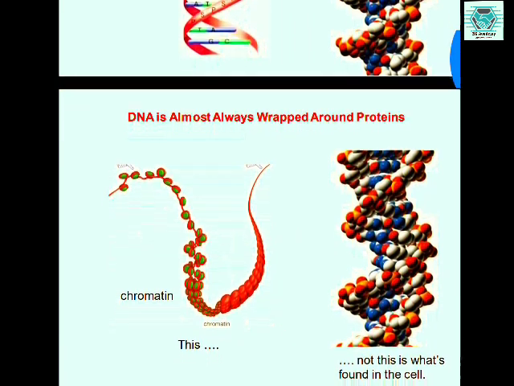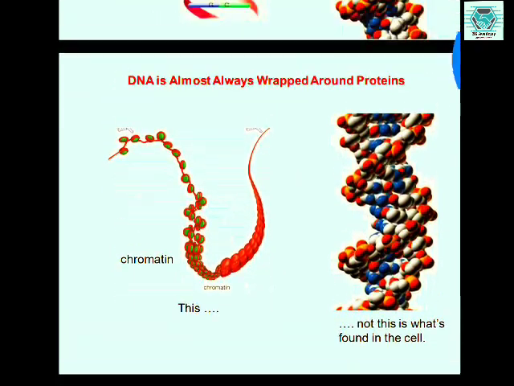Next, see that DNA is almost always wrapped around proteins. The first structure I have also shown you before, the bead-like structure, and these are the histone proteins. The chromatin has DNA and histone protein, and these histone proteins are very important, and basically DNA is wrapped around the histone proteins.